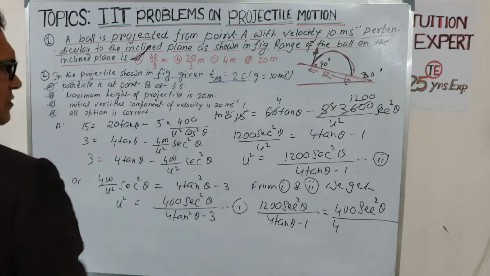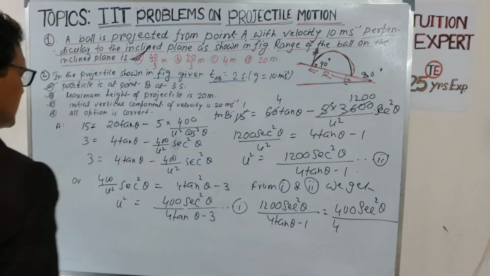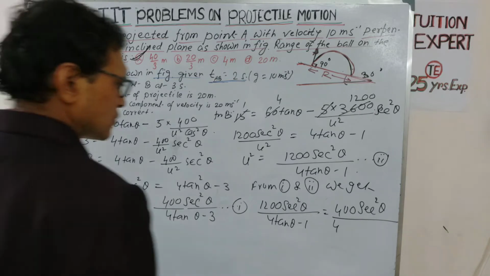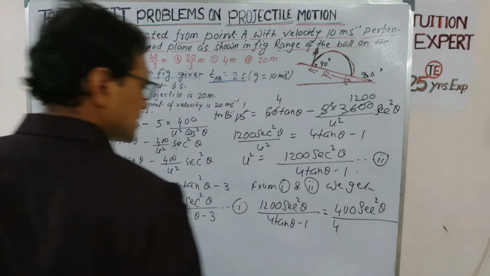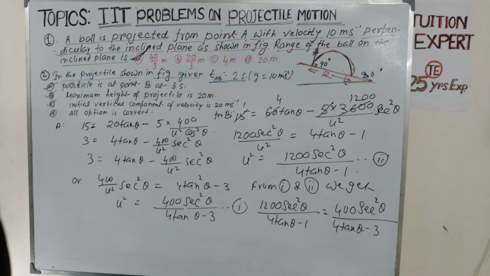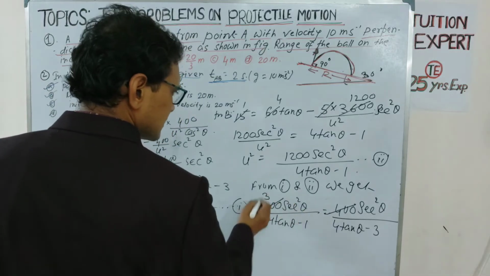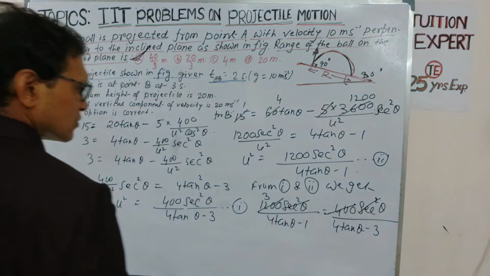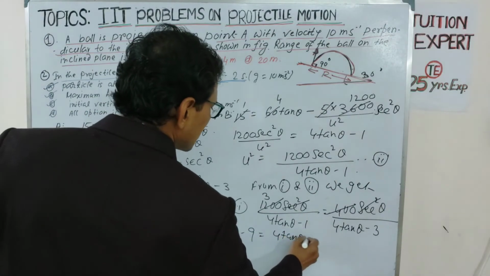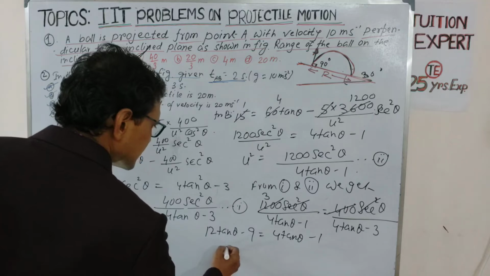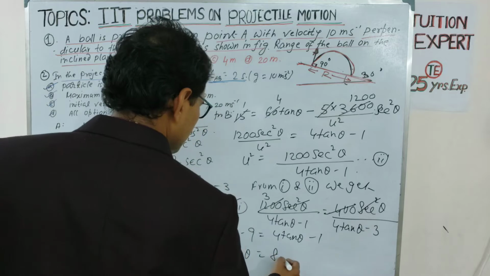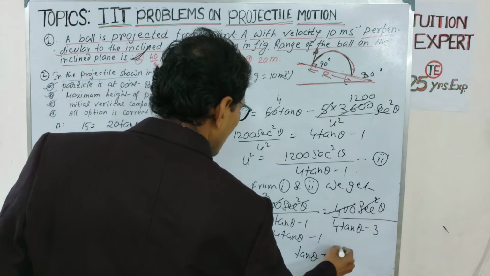So 12 tan theta minus 9 equal to 4 tan theta minus 1, that is 8 tan theta equal to 8, or tan theta equal to 1.